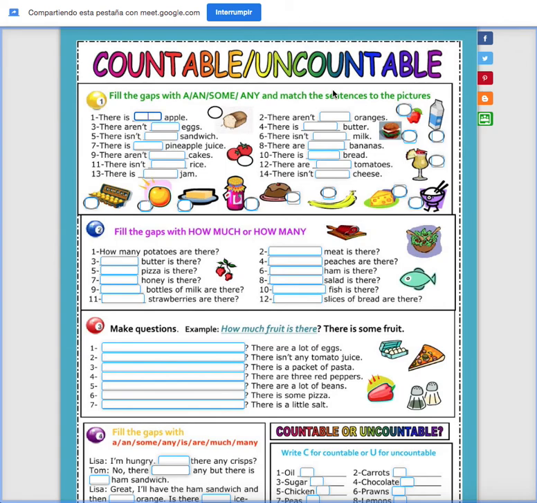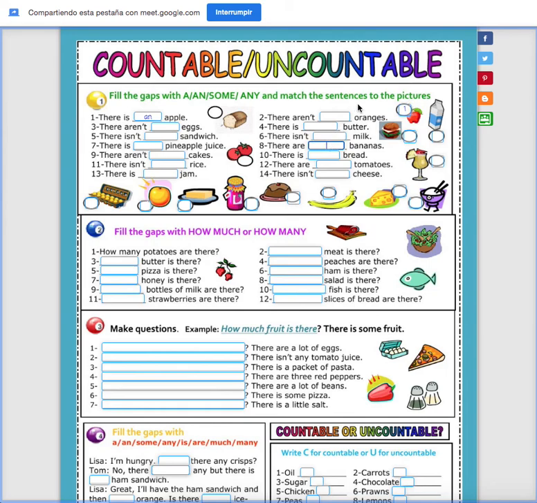An apple. Acuérdense, amores, que el some se utiliza cuando tienes la forma plural. ¿Listo? Recuerden mucho eso. Plural forms. Okay, an apple. And then I just have to go and look the image of an apple. Where do you have it? Here, right? So you just have to write the number. So number 1.